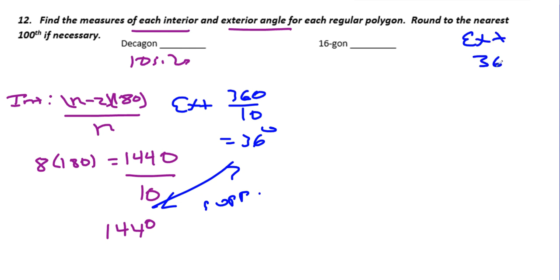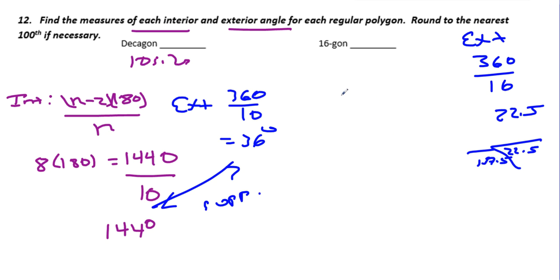I'm going to do 360 divided by 16, and that's going to give me 22.5. Well, I know the exterior angle of 22.5 is the supplement of the interior, so I could do 180 minus 22.5, and I'll get 157.5. Okay? That's my individual interior angle.